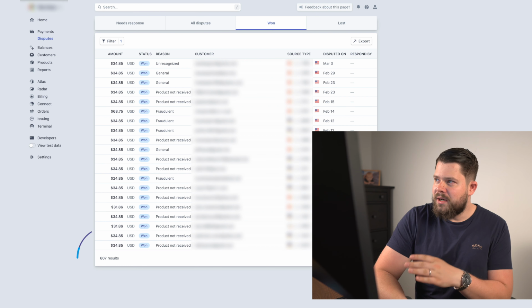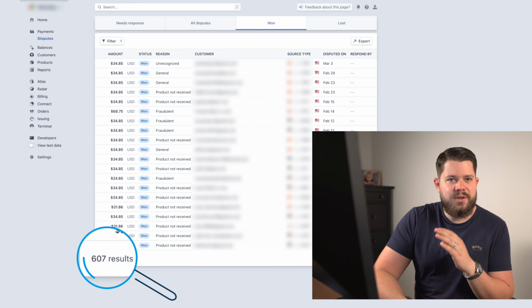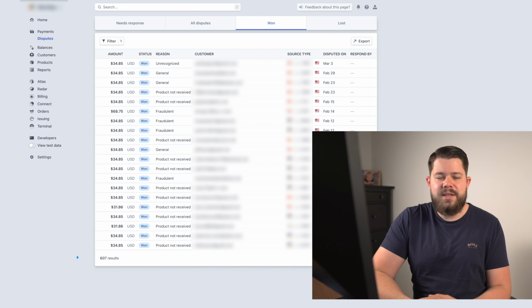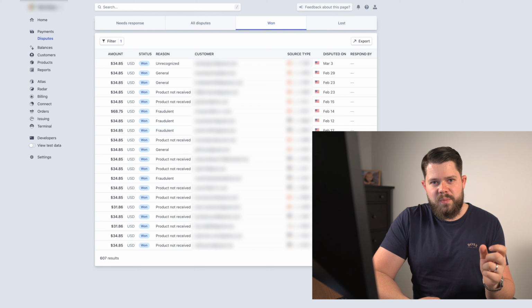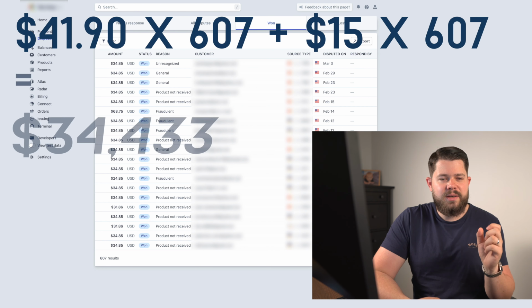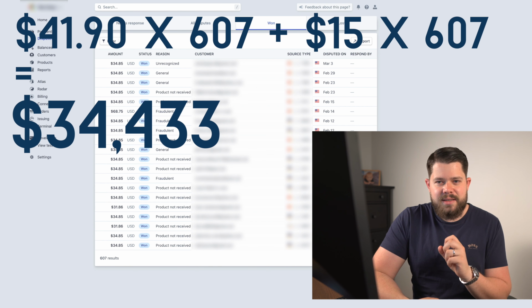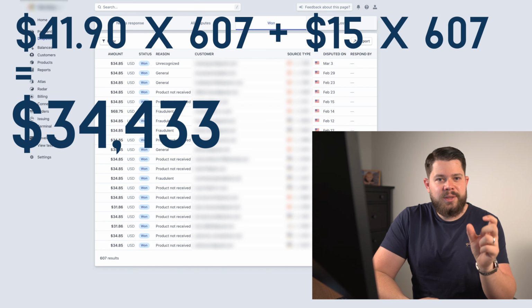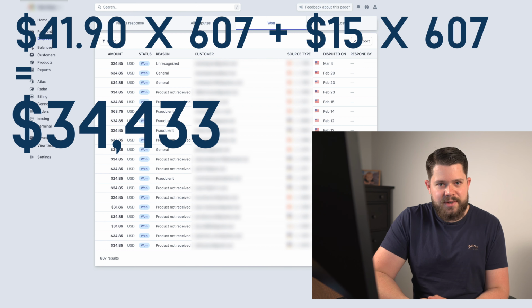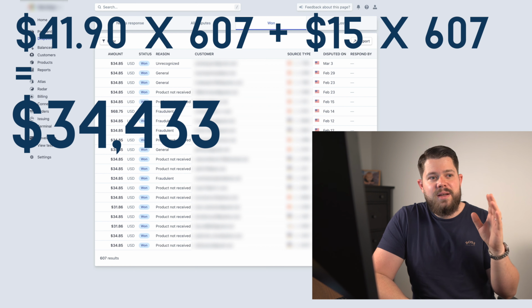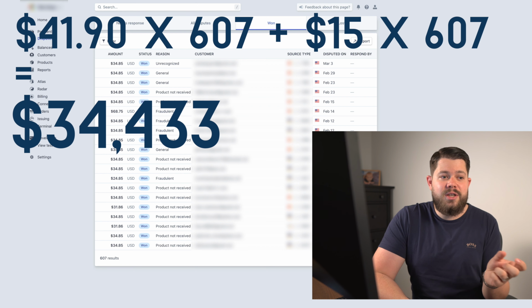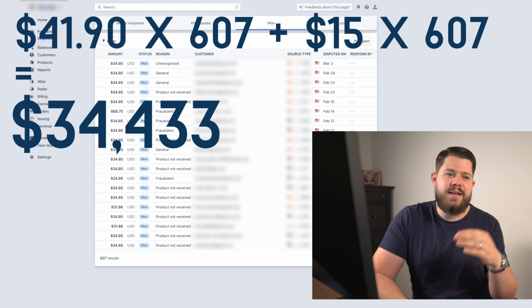So you can see that here I already won 607 disputes. That means that with that average product price of $41.90, when you multiply it by 607, plus those 607 disputes multiplied by 15, because that's the penalty from Stripe, and that's another $9,000.